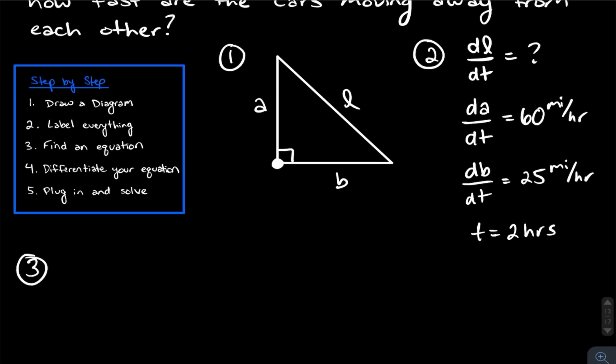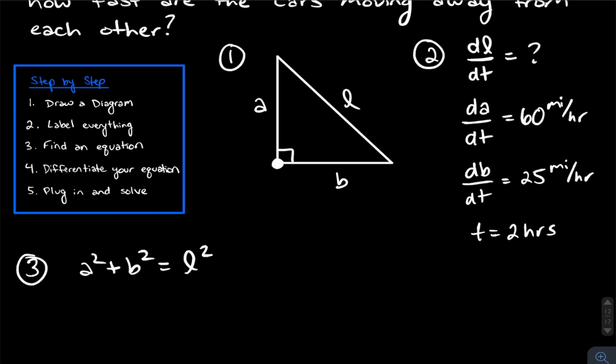Let's find an equation, right? And hopefully you can see here an equation that will relate A and B to L. It is going to be the Pythagorean theorem here. Okay.